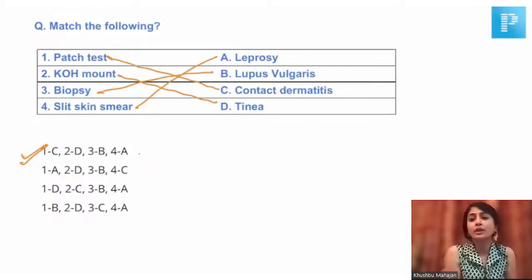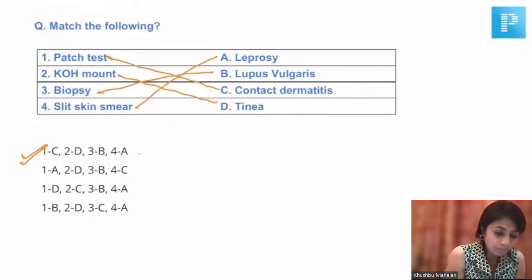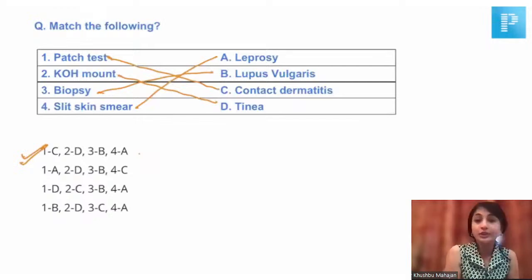So we know there are three main anti-leprosy drugs, rifampicin, dapsone, and clofazimine, out of which clofazimine is responsible for pigmentation, ichthyosis, and dry skin. So if this was the question, the answer here would be clofazimine. Thank you so much. Any other question from dermatology?